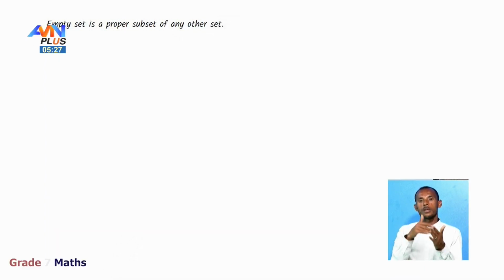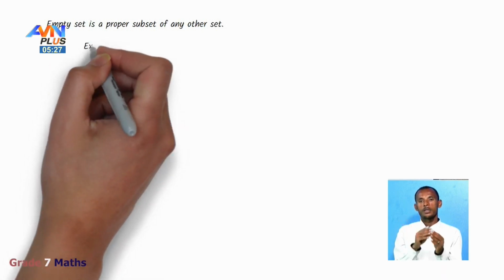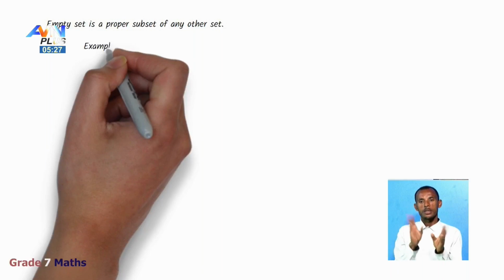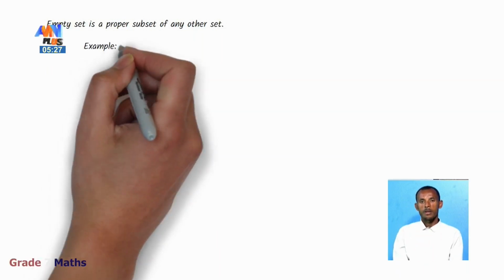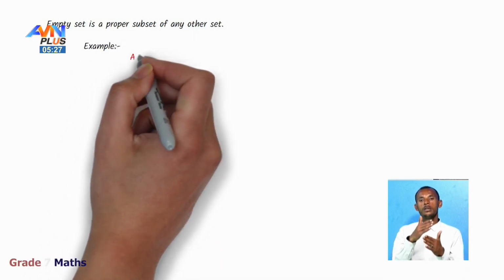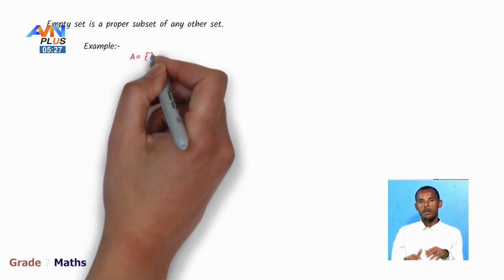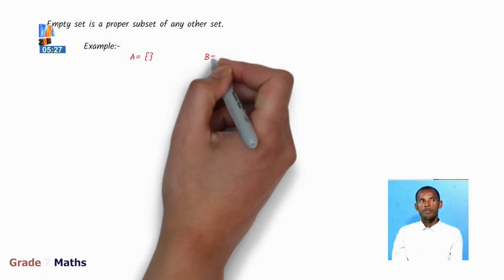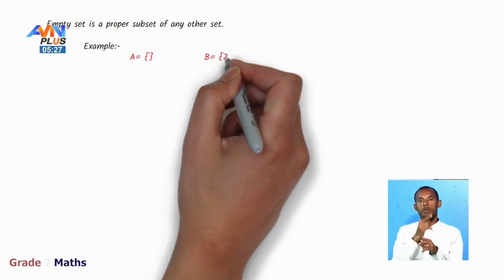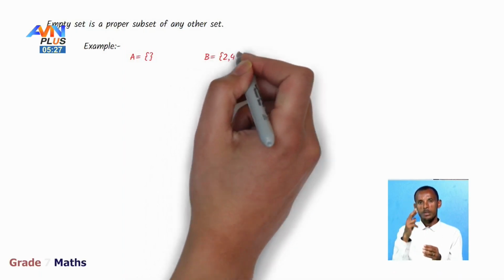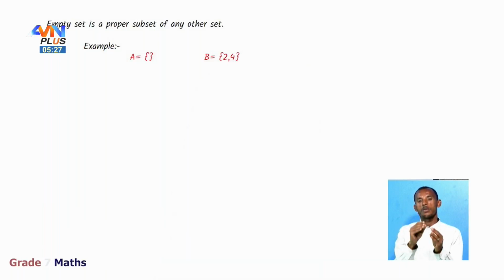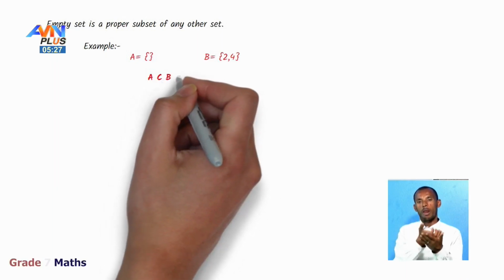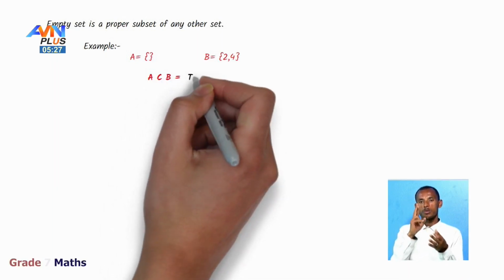An empty set cannot be a proper subset of the empty set, but it is a proper subset of any other set. So here, if you take this one example, if you take set A empty, and set B any other set, say 2, 4, is A a proper subset of B? Yes, because we said the empty set is a subset of any set, and the second set has more elements than the first. Because of this, it is a true statement.